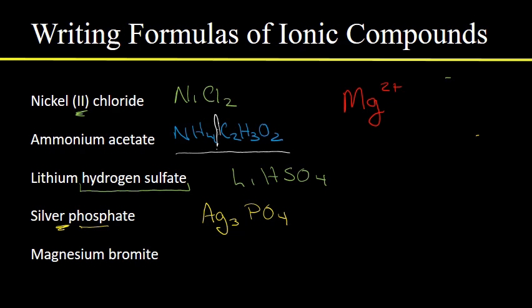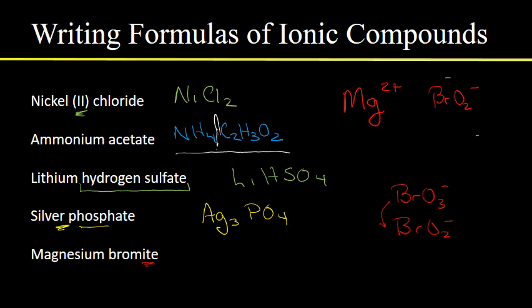Bromide, we might not know that one right offhand, but we know that bromate is BrO3, and this ite suffix means that we've moved down 1 step in that oxyanion table, right? So if bromate is BrO3, bromite is BrO2, again with the same charge of -1.